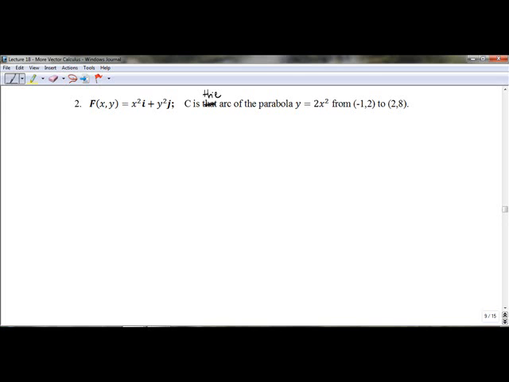Write down your P and your Q. P is x squared. Q is y squared. Partial of P with respect to y, tell me. 0. Partial of Q with respect to x, tell me. 0. So this implies F is conservative.